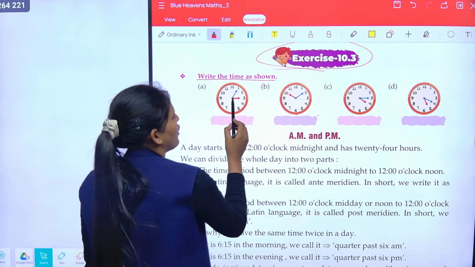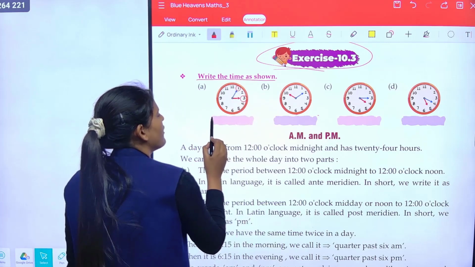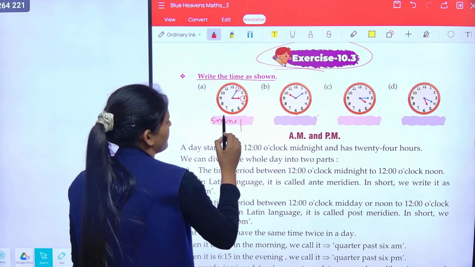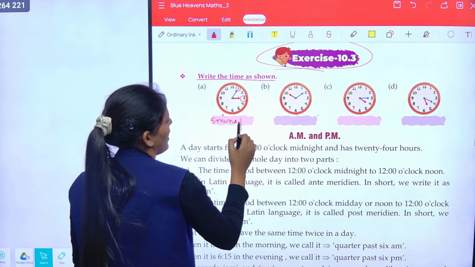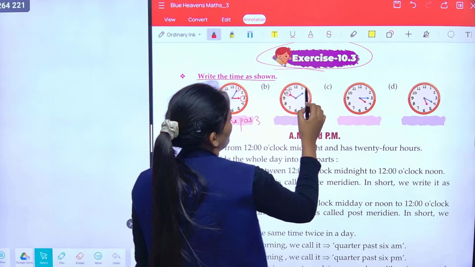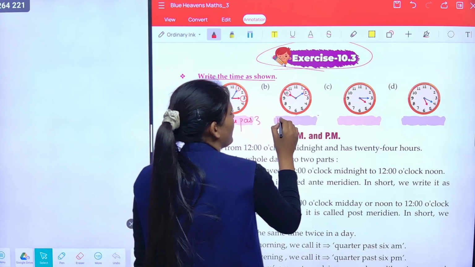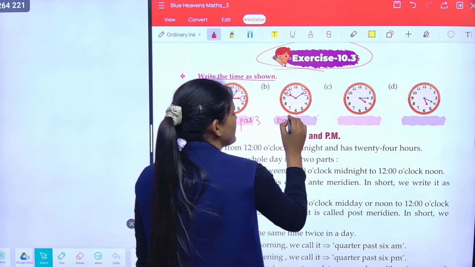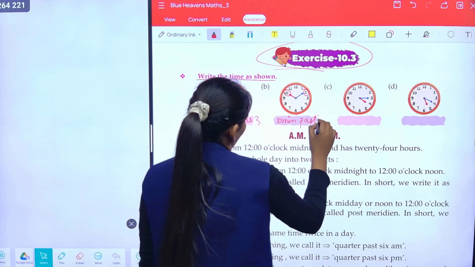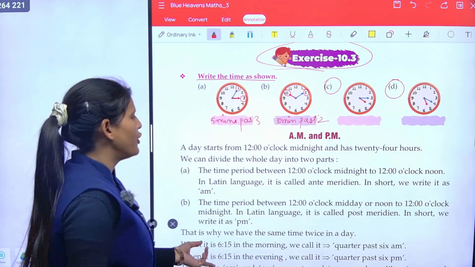The shorter hand is on 3 and the longer hand on 1, so it means 5 minutes past 3. And shorter on 2 and longer on 2 means 10 minutes past 2. Rest of the parts do yourself.